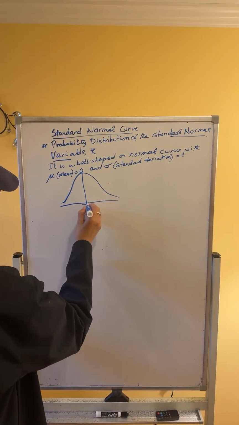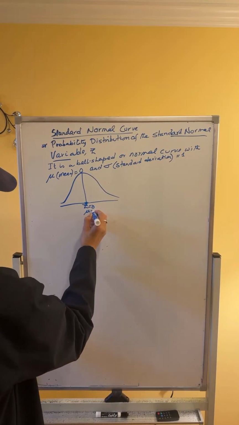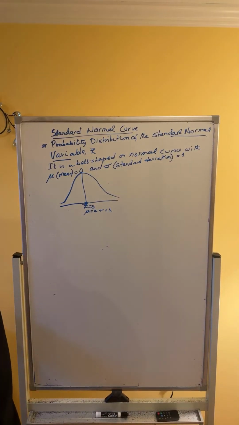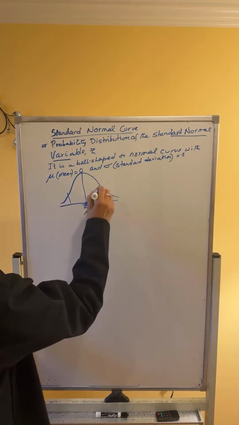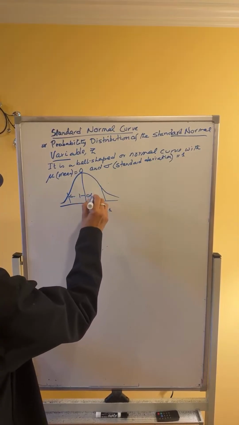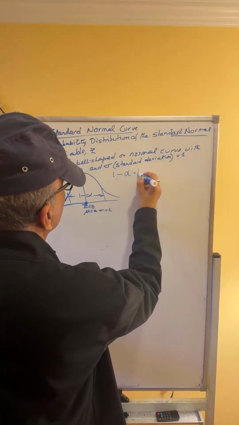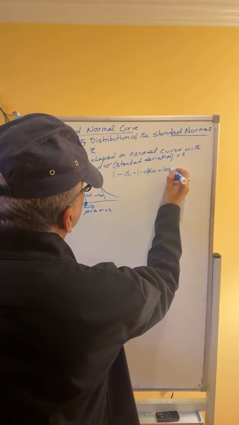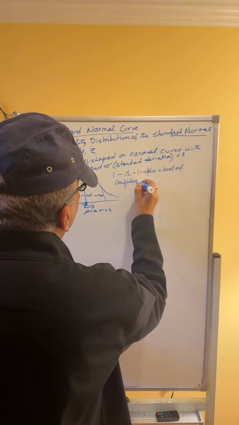So at the center we have Z equal to 0 right over here. Its mean is equal to 0 and sigma, the standard deviation, is equal to 1. Now around the mean, let's think of an area which is given by the notation 1 minus alpha. 1 minus alpha is the level of confidence that we will select.